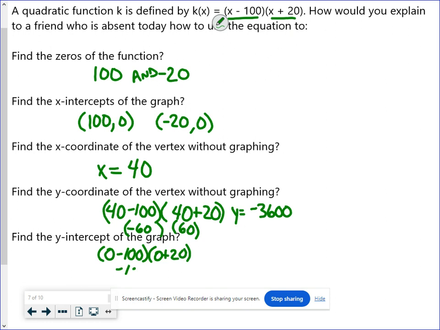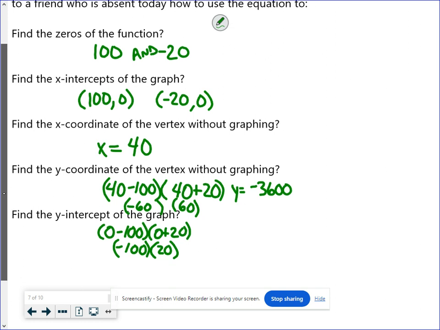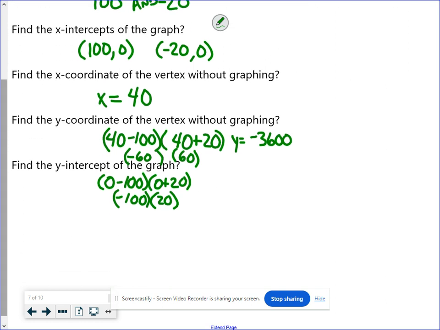Well, that's negative 100 times 20, right? That's going to be negative 2,000. That's, again, holy cow, who wants to graph that? That would be what the y part is.